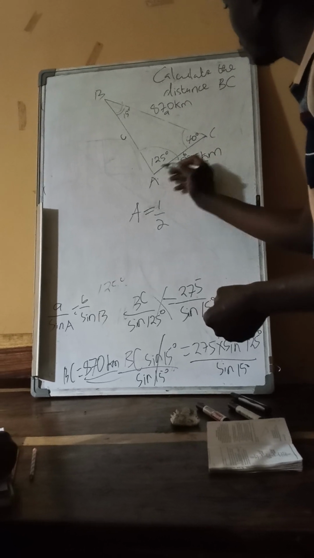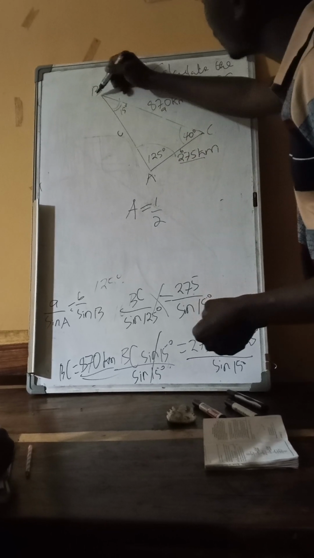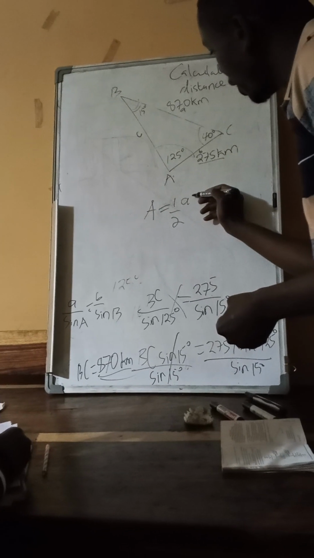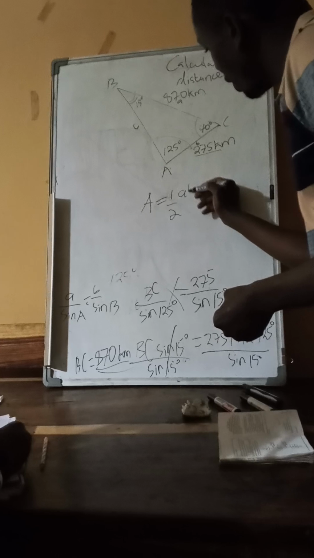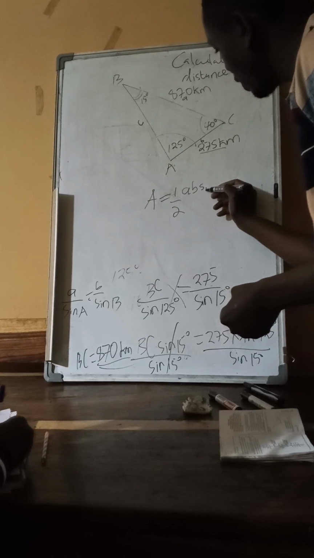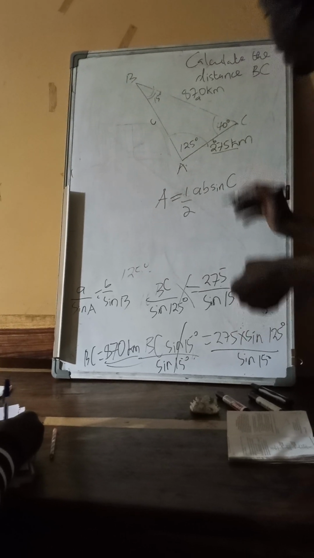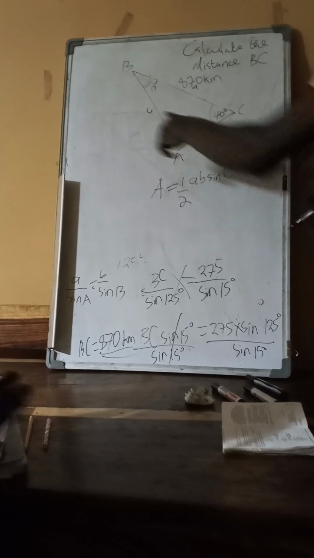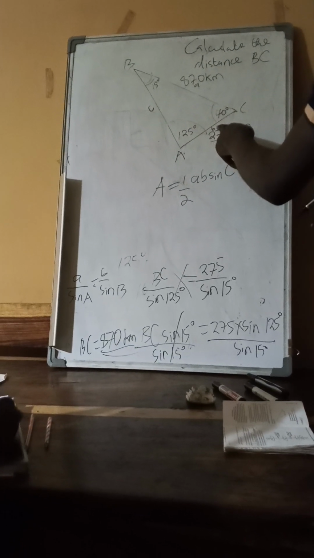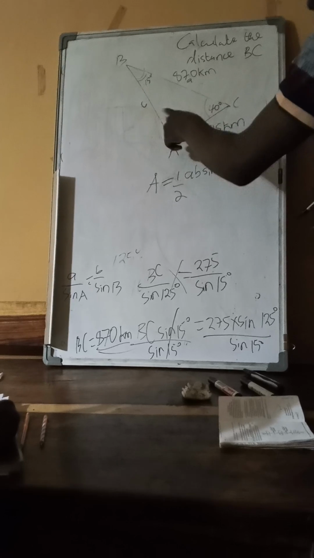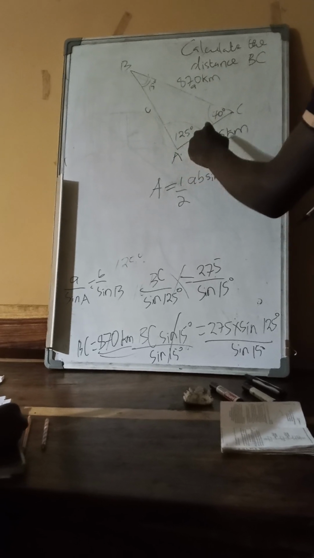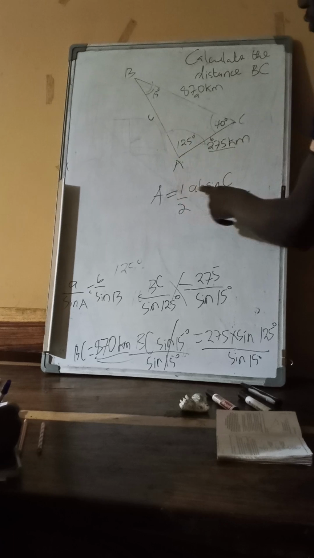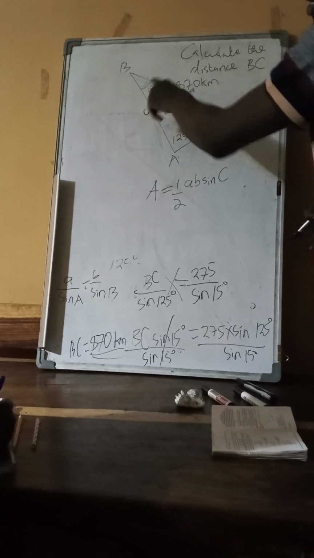So it's half a b sine C. Are we together? If you have been given small letter c and small letter b, you say half bc sine A. If you have been given small letter a and small letter c, you say half ac sine B.